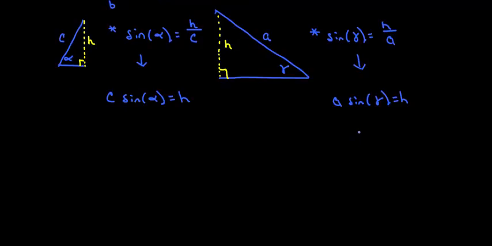And since they're both equal to H, we can say the following. We can say that C sine alpha is equal to A sine gamma.